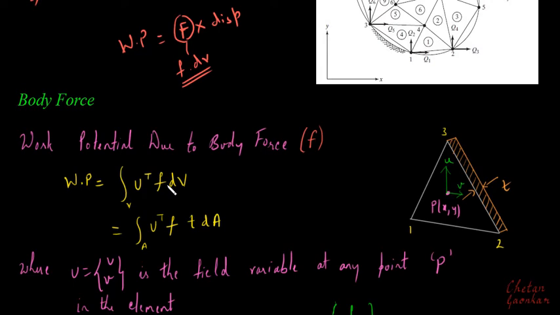So in the expression of work potential, the force term is denoted by body force multiplied by volume, and the displacement is represented in this form u transpose, where u is nothing but the nodal displacement u and v at each node, or q1 and q2 at each node.